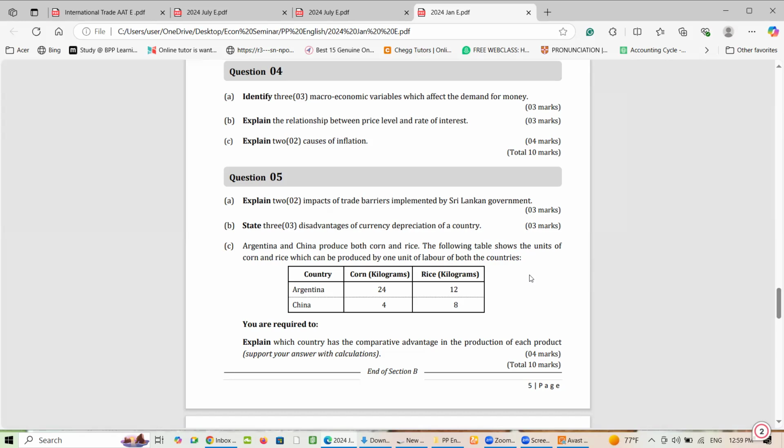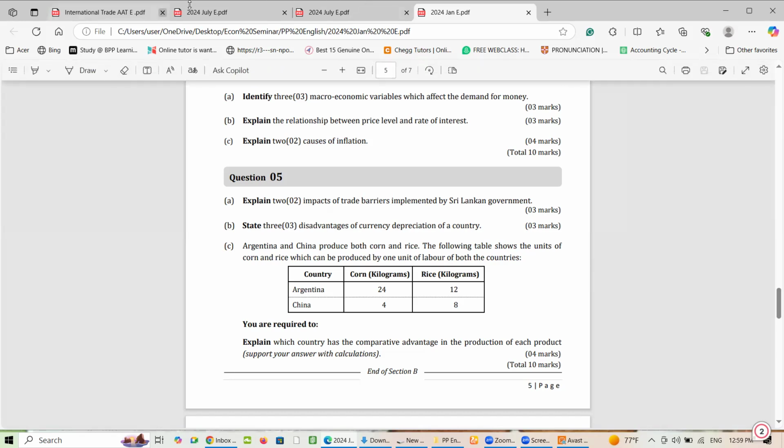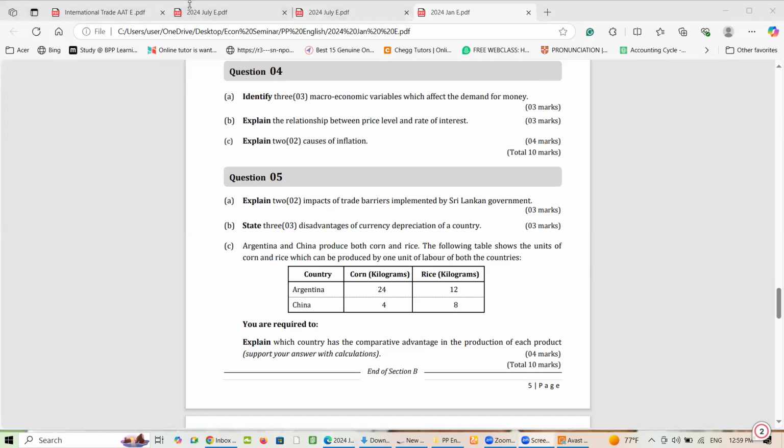Remember, students, very important. If a particular country has absolute advantage for a product, they produce that product in excess quantity and export the product to another country and import the goods which they do not have absolute advantage, right? I think I made it complicated. I'll explain simply.